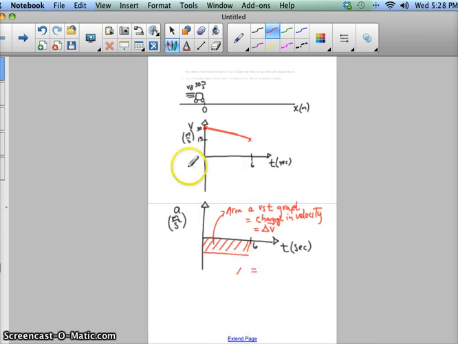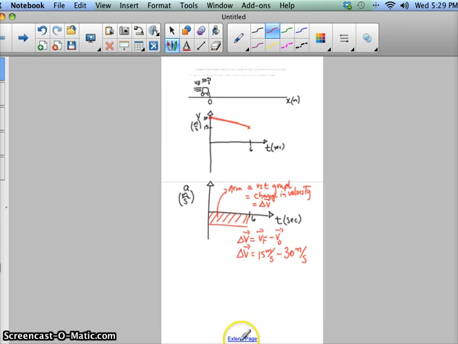And change in velocity is going to be calculated by taking our final velocity, subtracting from it our initial velocity. In this case, our final velocity looks like it's 15 meters per second minus our beginning velocity was 30 meters per second. So our change in velocity turns out to be a negative value, which is negative 15 meters per second.